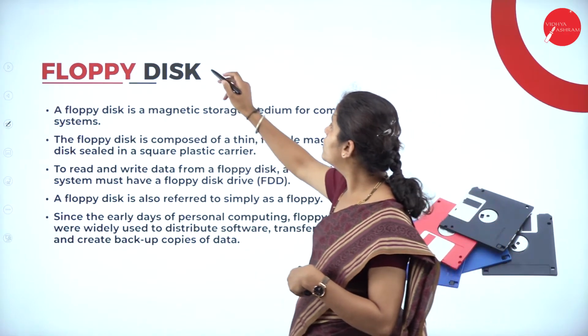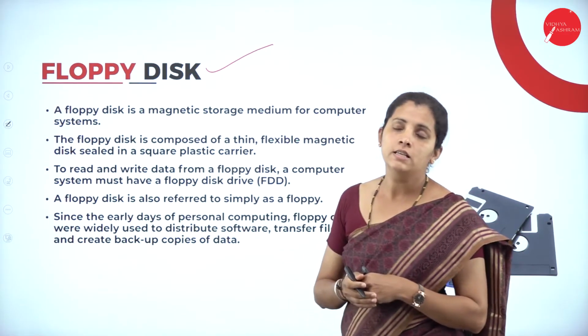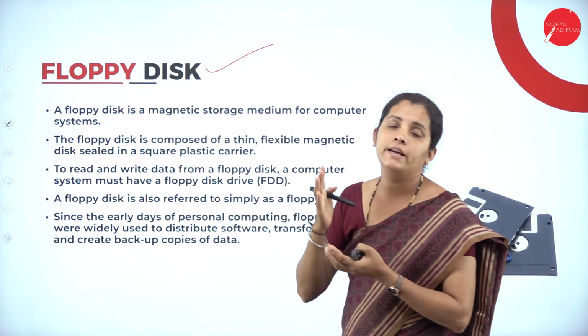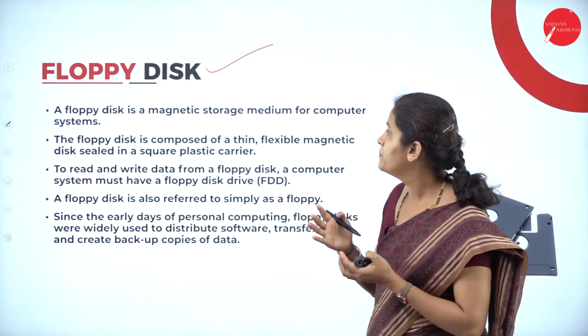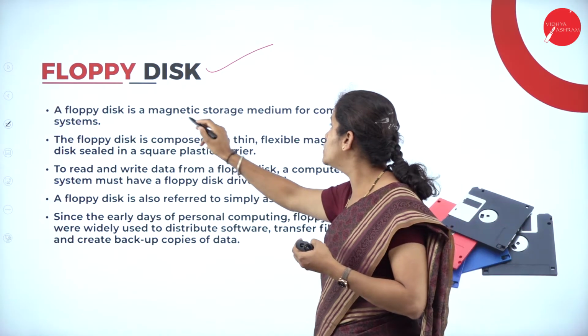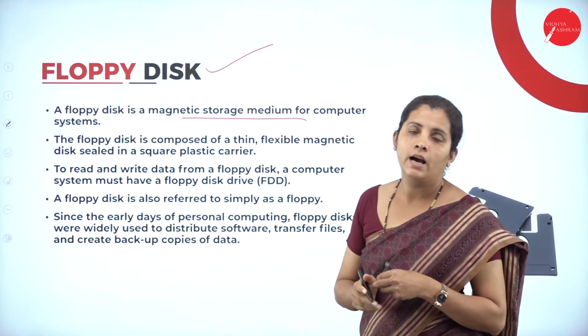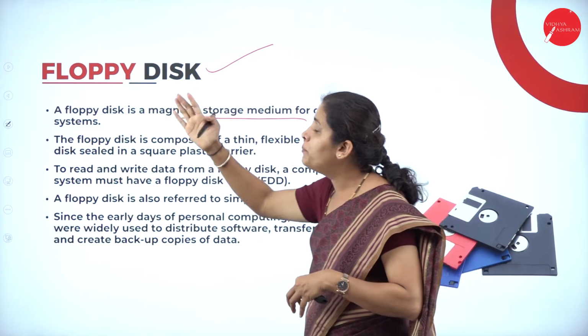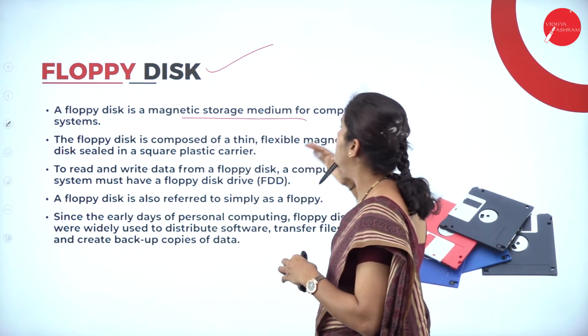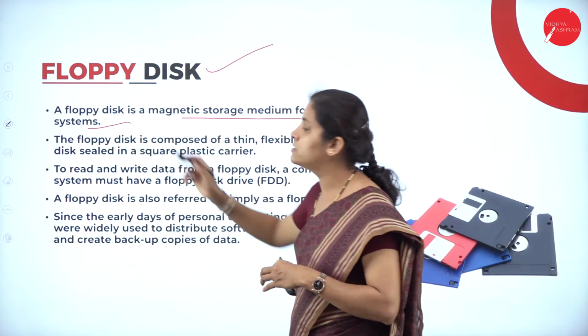Moving further, we have the floppy disk. This is also an example of a secondary storage device. A floppy disk is a magnetic storage medium for the computer system.